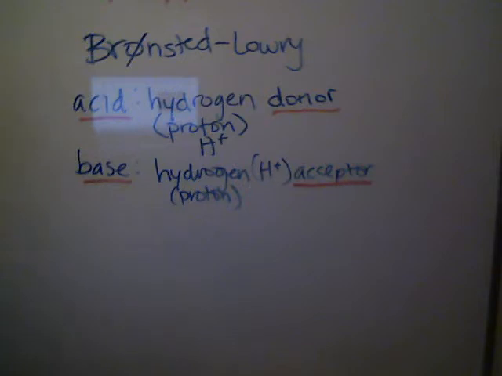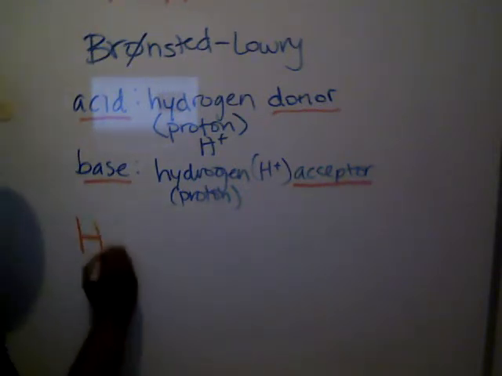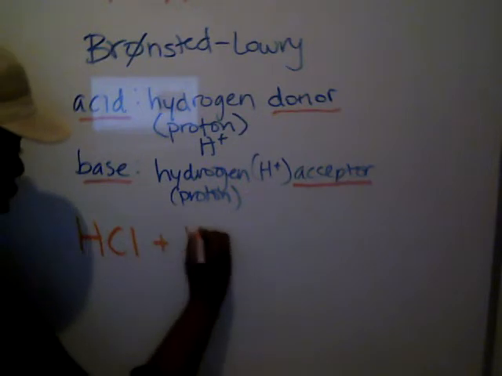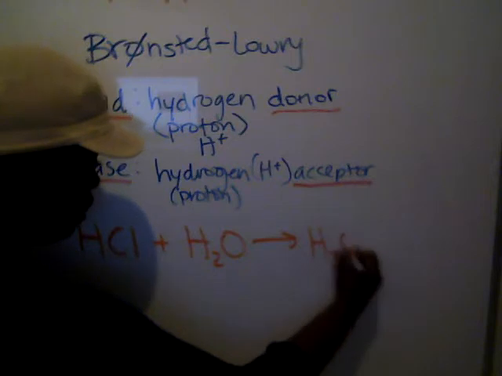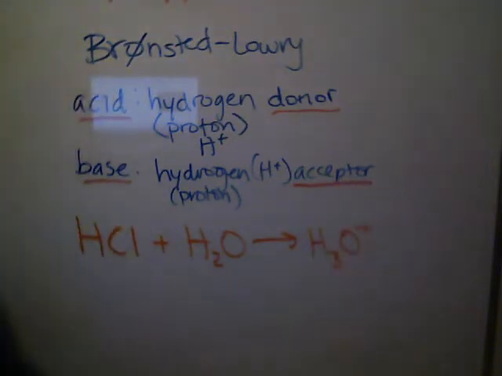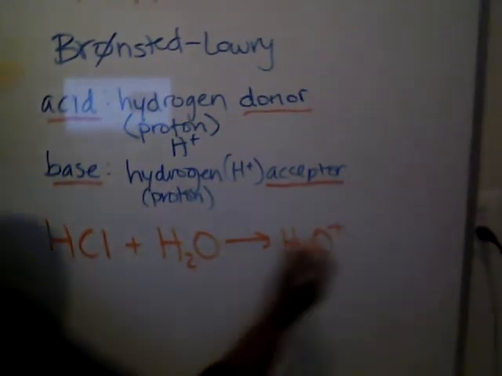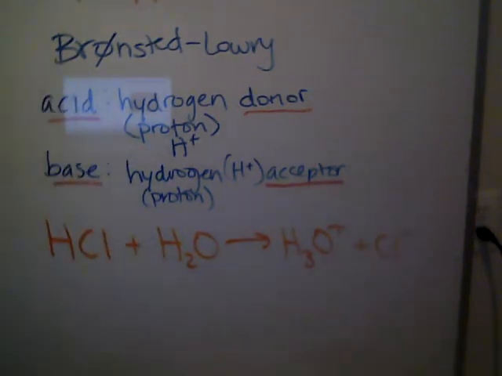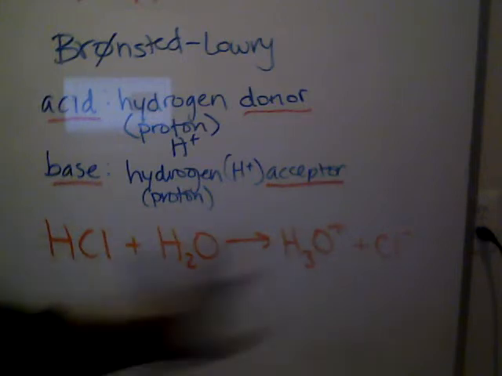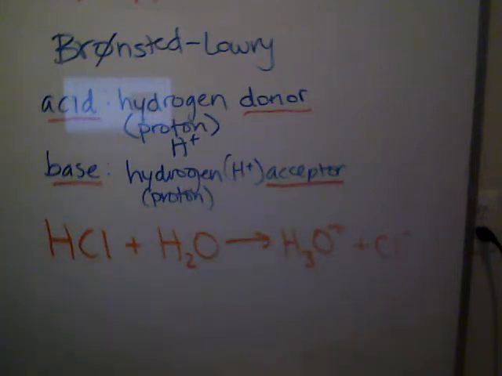So let's say that we have HCl plus H2O goes to, and for these types of questions, they would give you the full equation and you're responsible for tracking and figuring out who gave up and who received. So you would be given the full equation and then asked to figure out the acids and the bases.